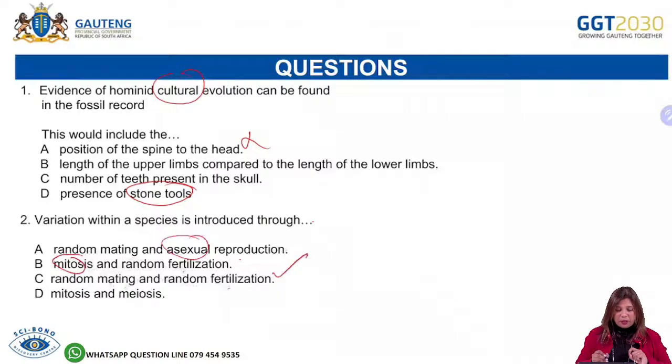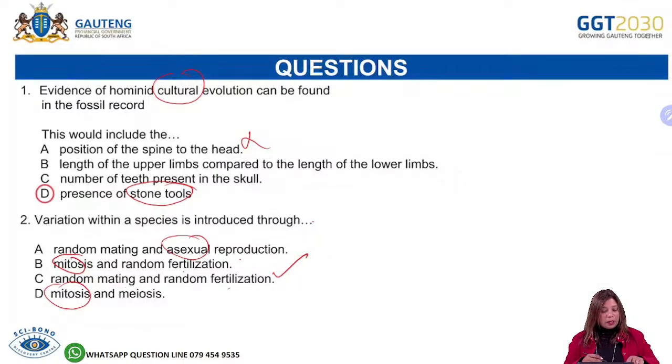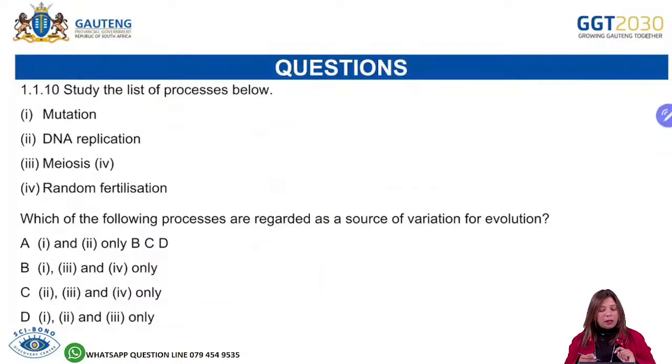I think that could be the one. Mitosis can't be our answer as explained previously. So what we see now, D is our correct answer because of stone tools, and C is our correct answer because it's random mating, random fertilization. That means there is no order.